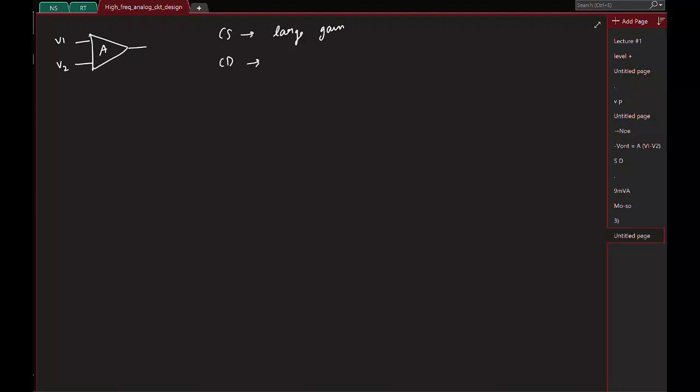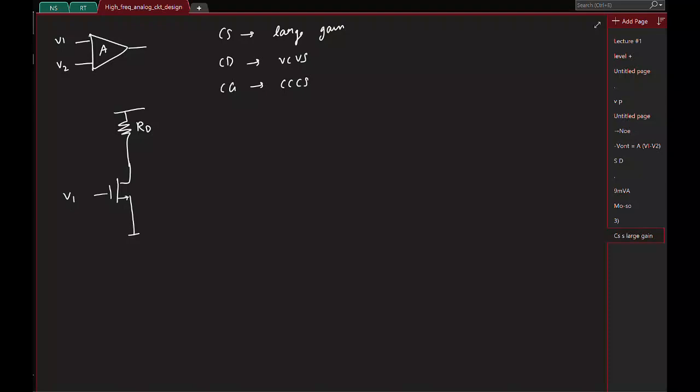Common drain was basically a VCVS, and common gate was a CCCS, right? So we can start with the common source configuration. I'll apply say V1 here, and I connect RD, but this just amplifies the voltage V1.